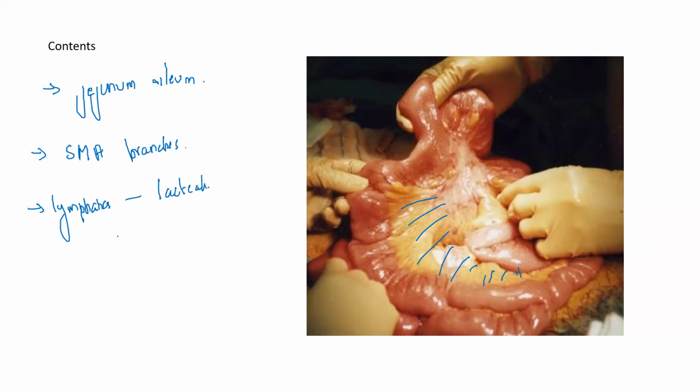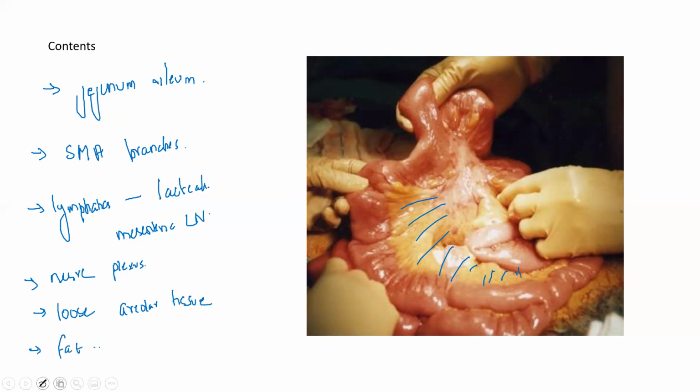And the mesenteric nodes. You get to see mesenteric lymph nodes within the mesentery. Then you'll have the nerve plexus accompanying the blood vessels, the loose areolar tissue, and as I told you, that yellow color because of the fat content there.